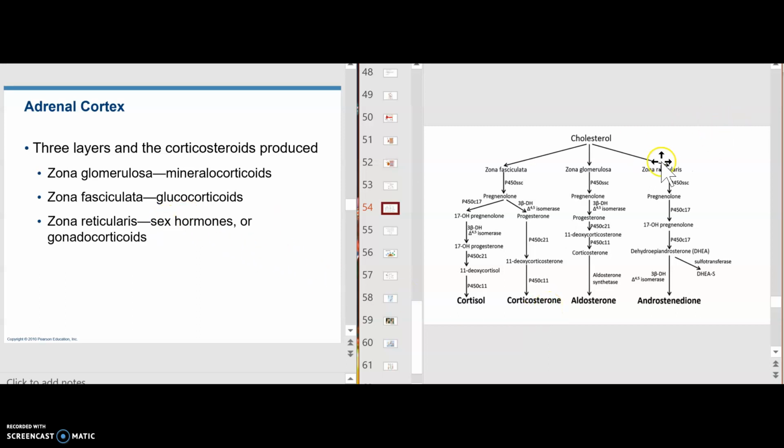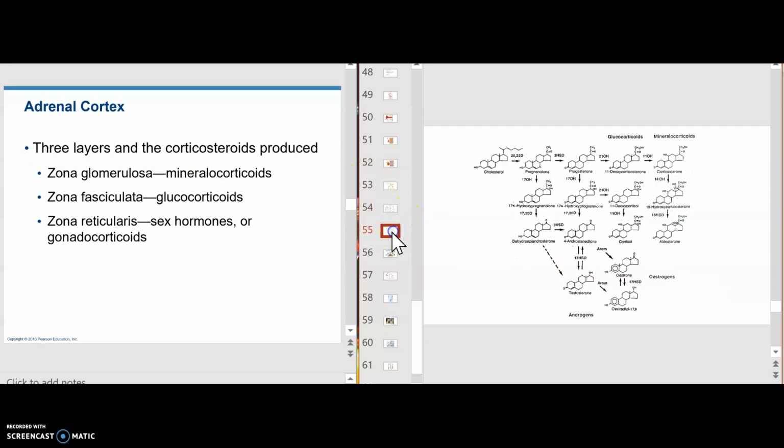The Zona Reticularis produces androstenedione, which really is an androgen. So this layer is more involved in androgen hormones. Here we're looking at the chemical structures of how enzymatic conversions would give glucocorticoids, mineral corticoids, and the androgens we talked about.